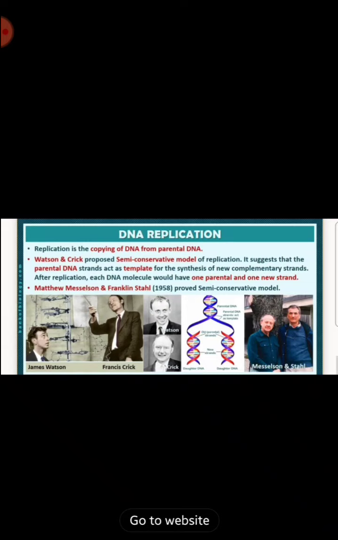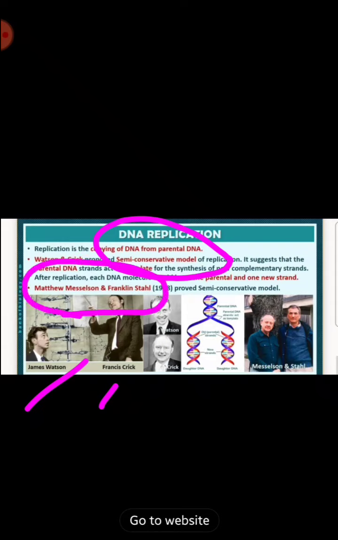James Watson and Francis Crick proposed that replication is semi-conservative, and this was proven by experiment by Matthew Meselson and Franklin Stahl.